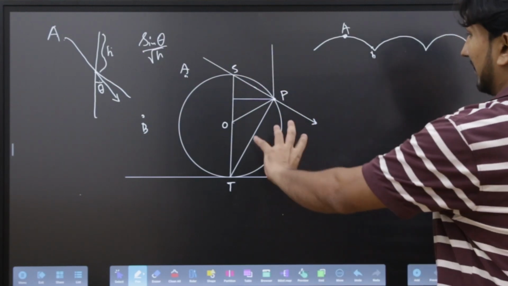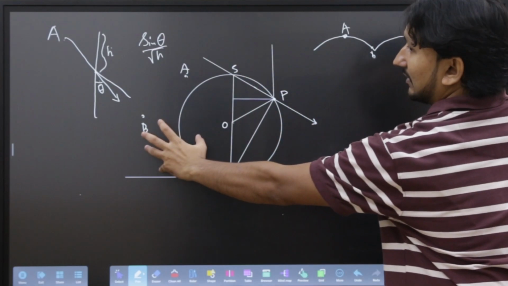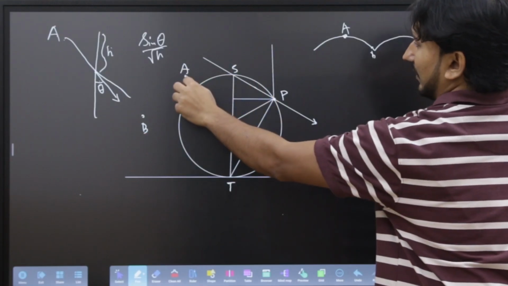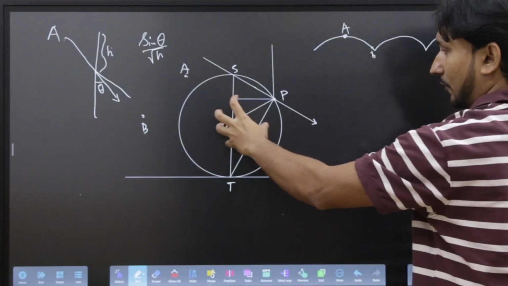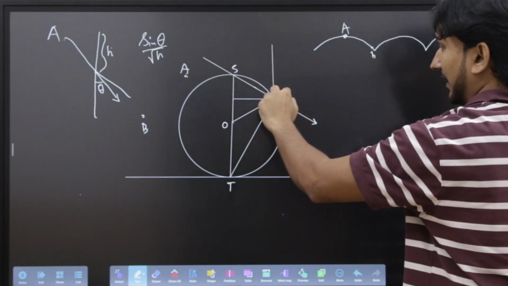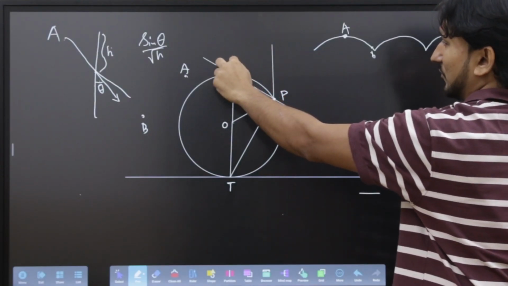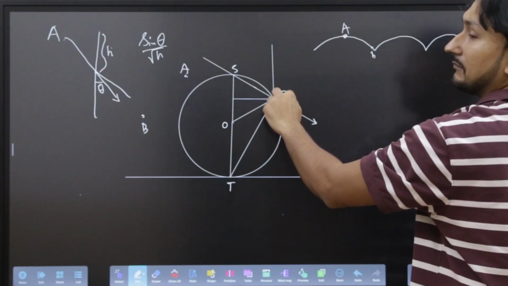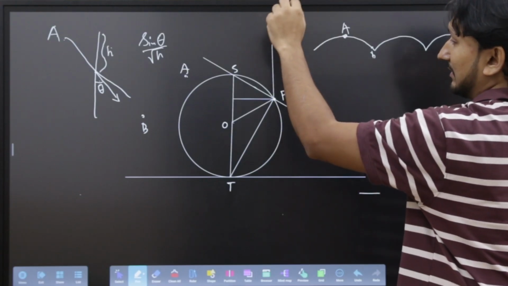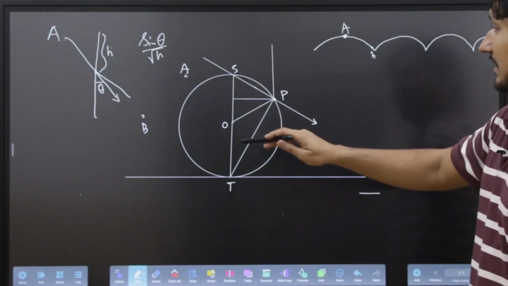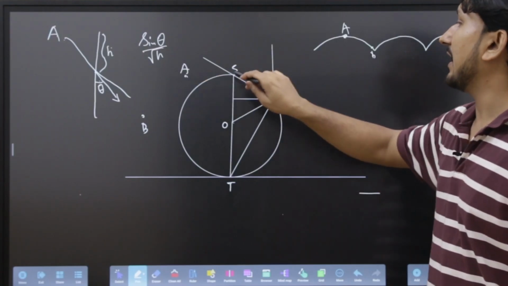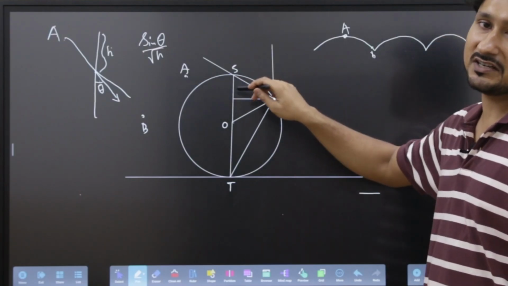So basically, when the wheel was here, P was at the top, and the top was at A. Now the wheel has moved forward, so P has moved from the topmost position to here. And the topmost position is now occupied by this point called S, and it should be clear to you that A and S should be at the same vertical level.